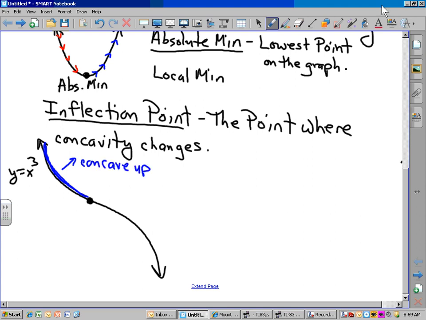This part of the graph down here is curved, but it's opening which way? Down. So that's considered concave down, or curved downwards. When it switches from concave up to concave down, or the opposite, concave down to concave up, then we have what's called an inflection point. Okay, this point where it changes concavity. That's your inflection point.